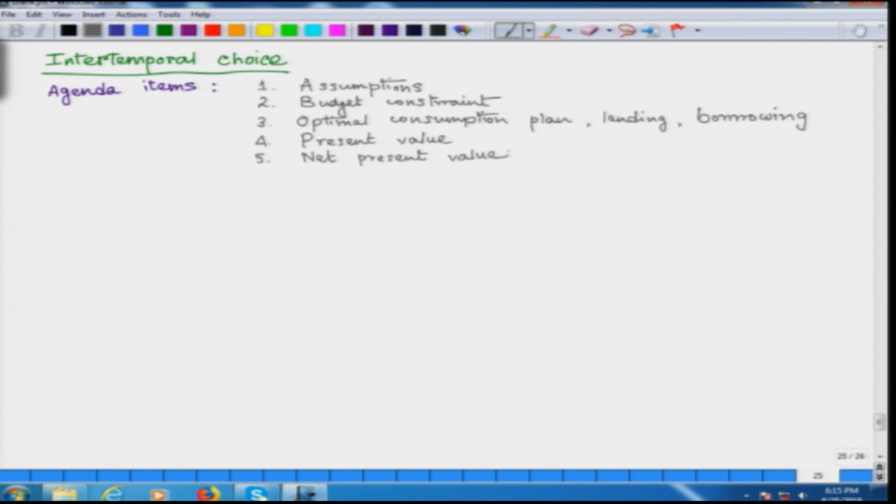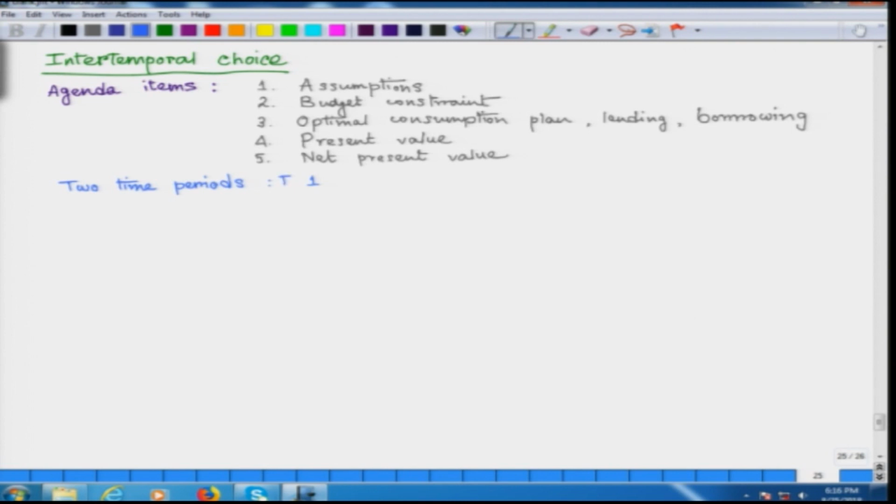So, now let us start with the modeling assumptions. Let us assume that our consumer lives for two time periods. Of course, this can be generalized later on. So, there is a present period and there is a future period. We denote the present period by 1.